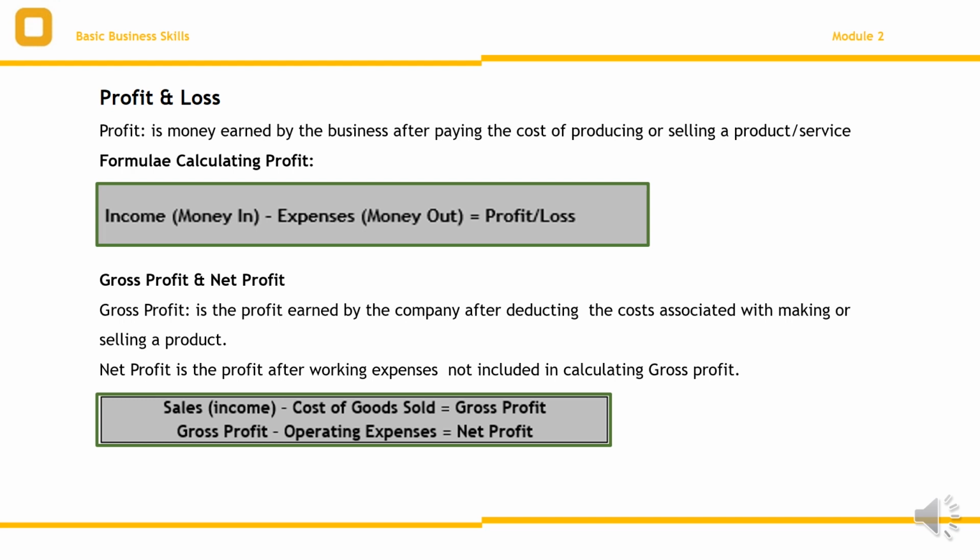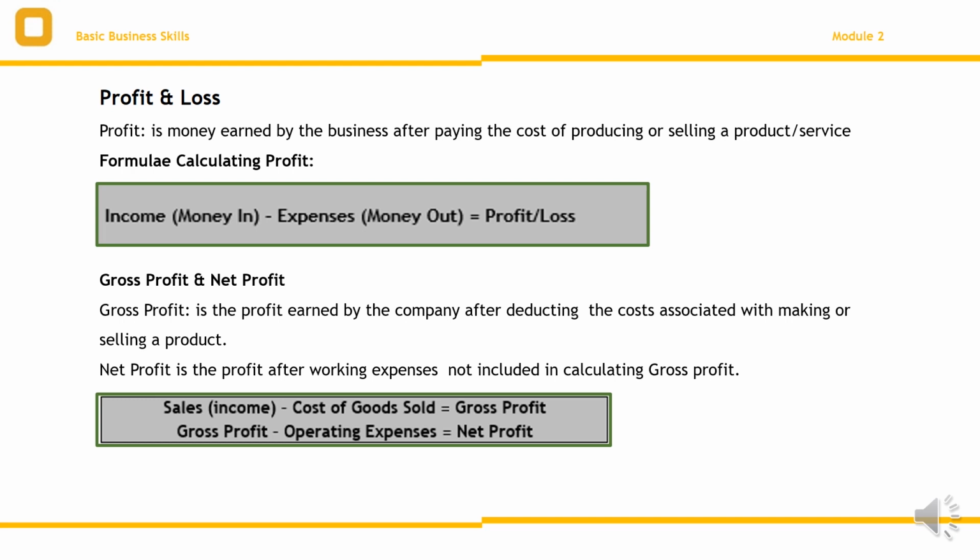So here is the formula on how to calculate gross profit and net profit. To calculate gross profit, we take our sales, our income, and we minus our cost of sales, or what we call cost of goods sold.